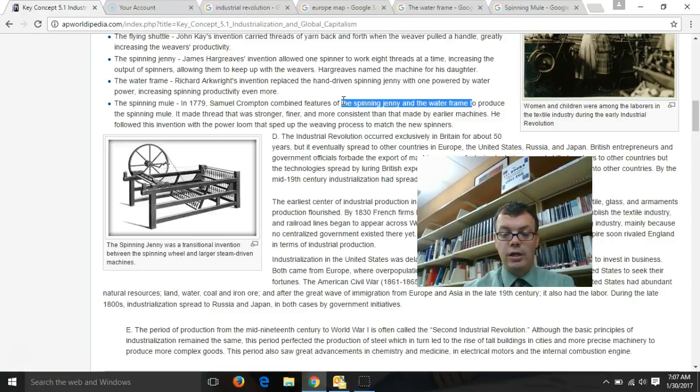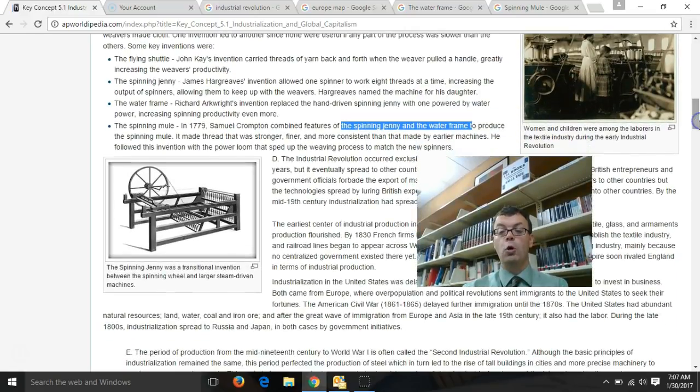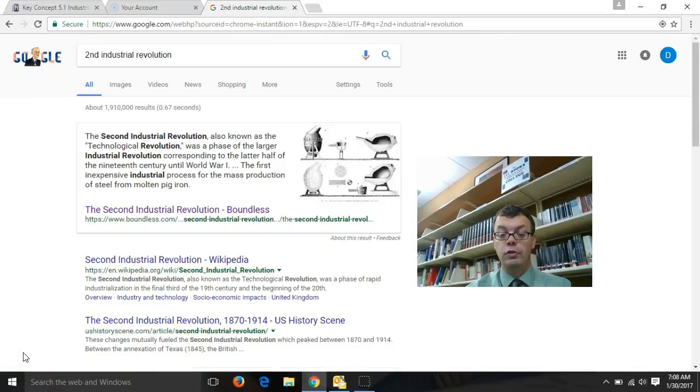So what we're seeing again is that a spinning mule takes the combination of everything, and you now have in a large factory system people who are able to produce a whole lot of cloth. And the spinning mule is basically, in 1779, a faster way to get this done with all their textiles.